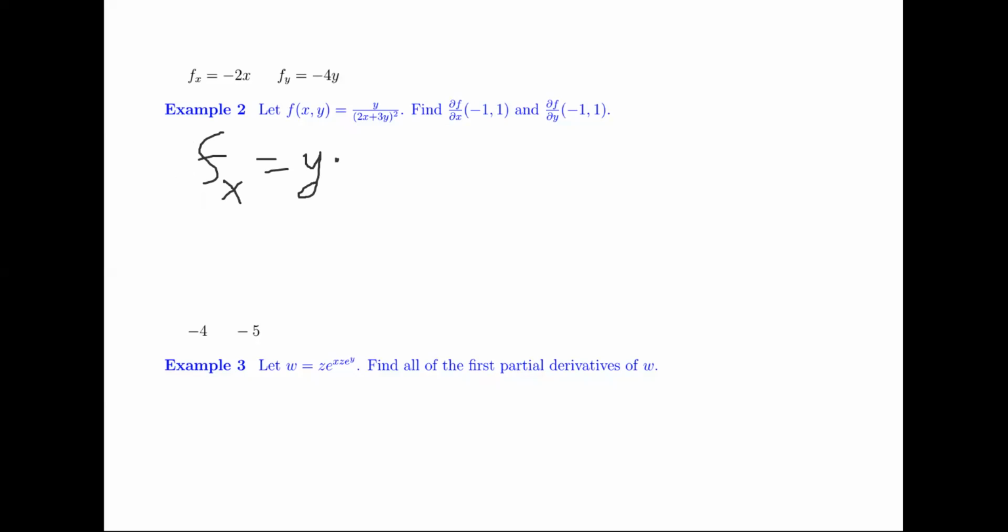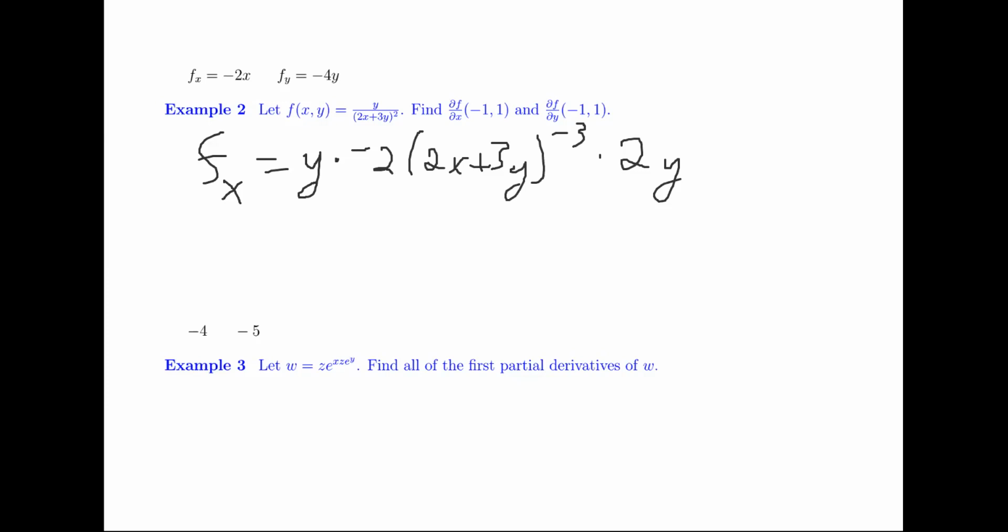We want to take the derivative of that. Well, that is negative 2 times 2x plus 3y raised to the negative third power, all times, and then we've got to multiply by the derivative of the inside, where we're doing the chain rule here. But the derivative of the inside function is just 2 because we're taking the partial with respect to x. So the derivative of 2x is 2, and the derivative of 3y is 0.